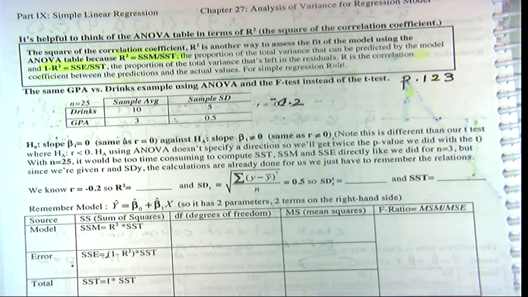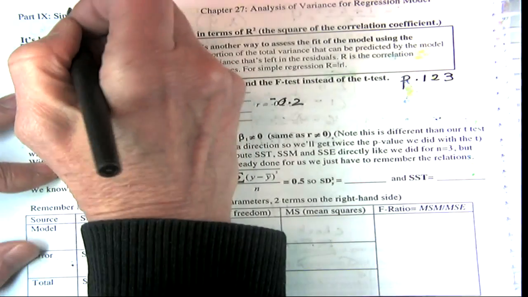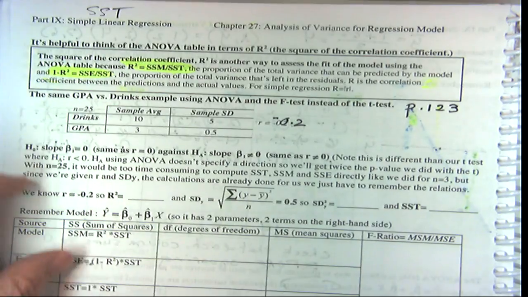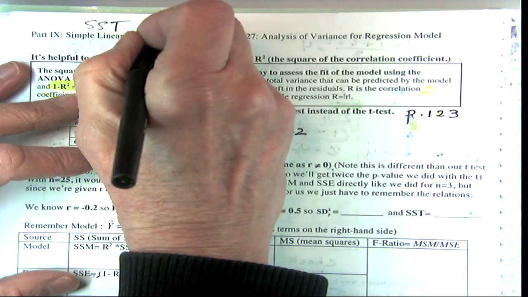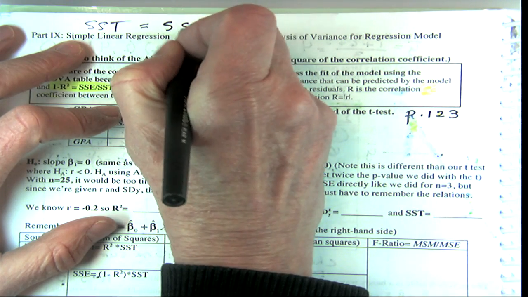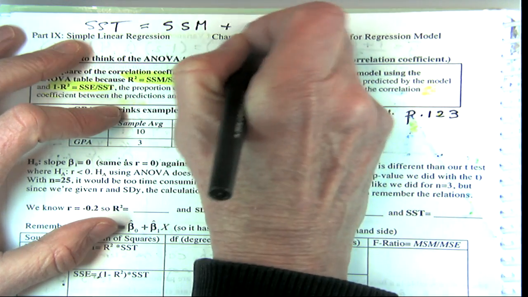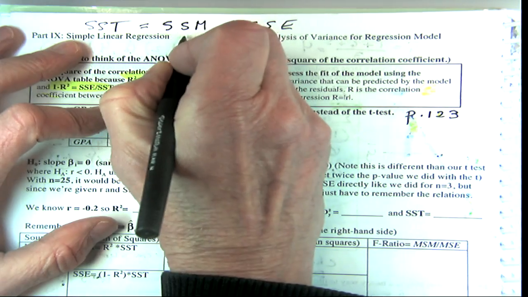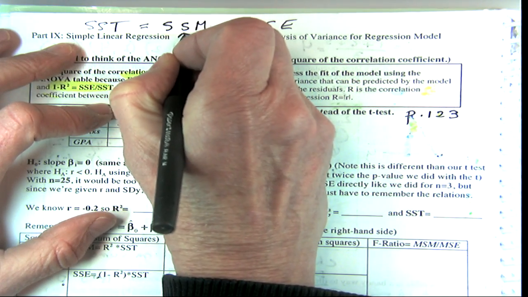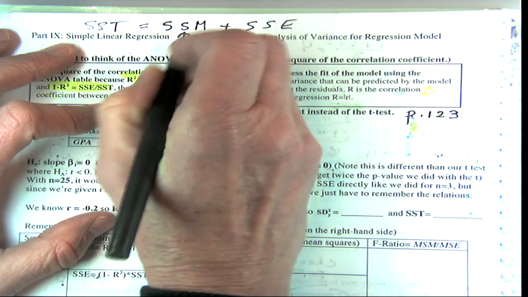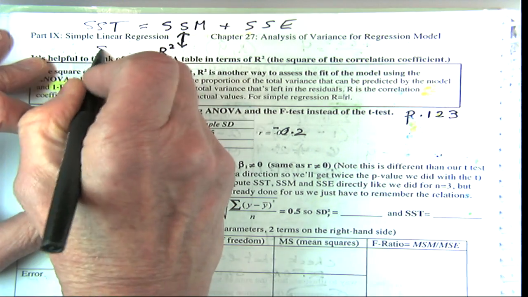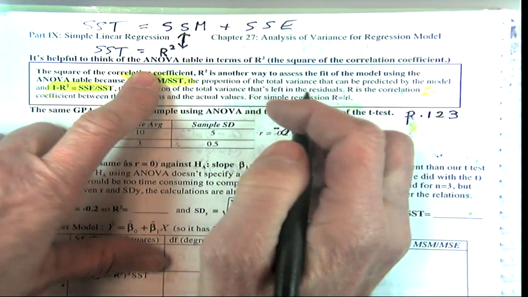All right, so what am I saying here? So what have we done? We said SST is equal to sum of squares model plus the sum of squares error. And all I'm saying is that this part right here is the same thing as what? You have the total variation, and you're breaking it into 2 parts.